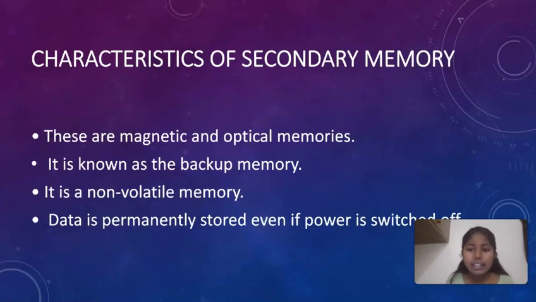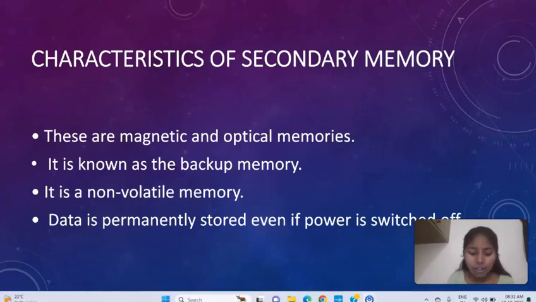Next, the characteristics of secondary memory. Data is first transferred to the main memory and then accessed by the CPU, for example CD-ROM and DVD. These are magnetic and optical memories.